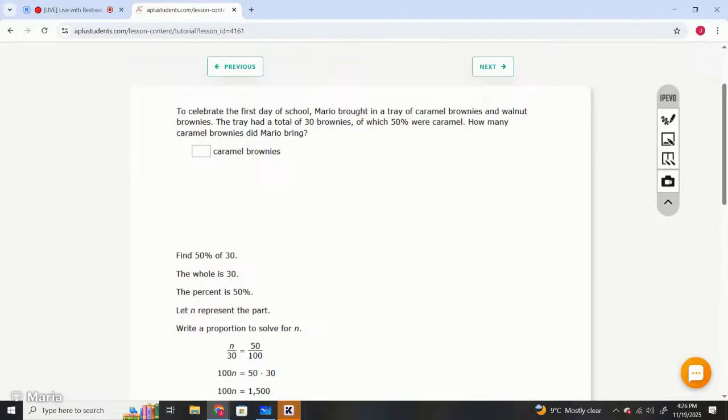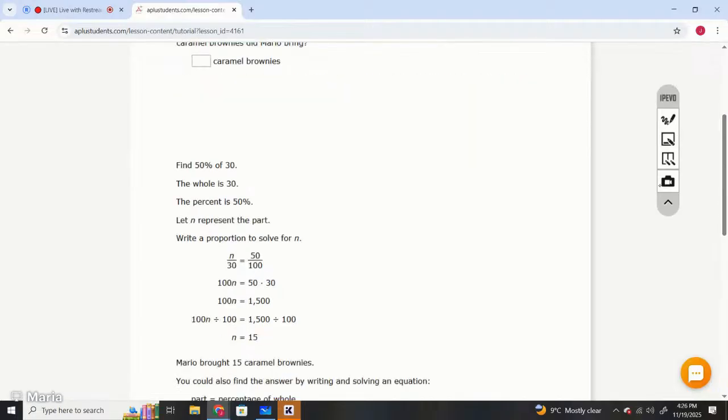So we need to find 50% of 30. 30 is the whole number. We need to find the part of the whole number. How much part? 50% part.